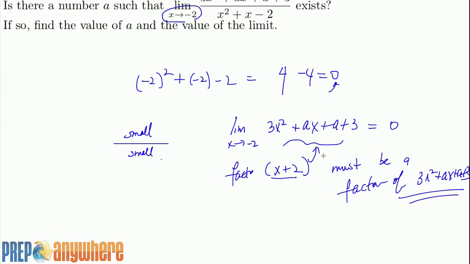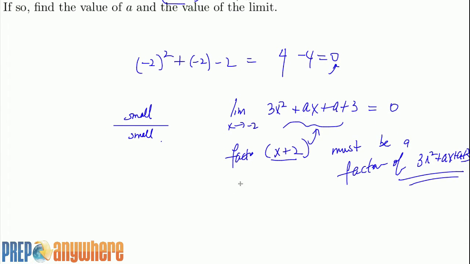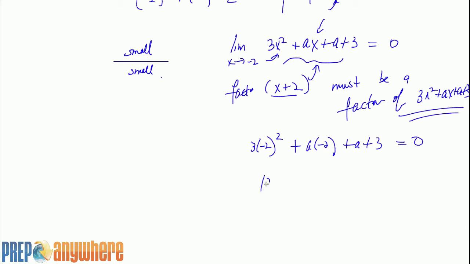Okay, so using the factor theorem, we know that when you plug in -2 in here, so 3 times (-2) squared, plus a times -2, plus a plus 3, this must equal 0. So that's 12 minus 2a plus a plus 3.